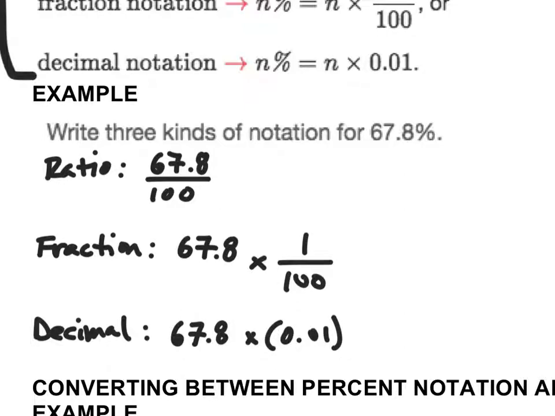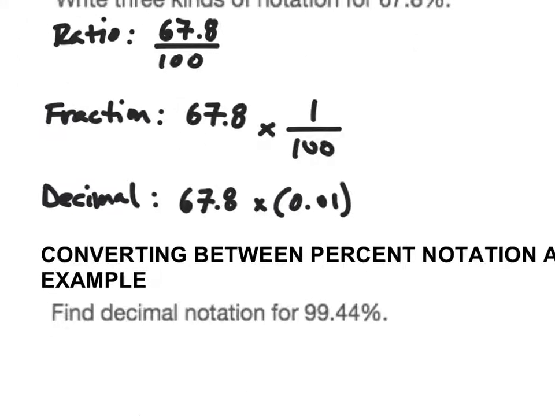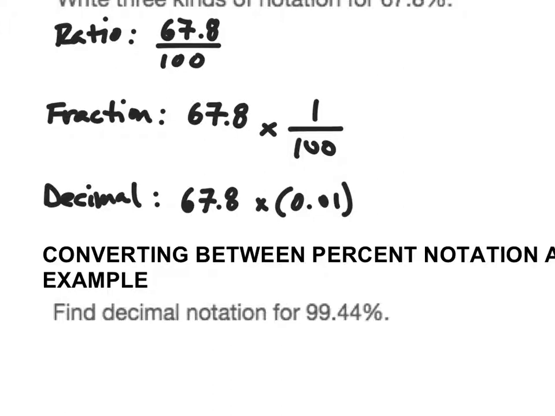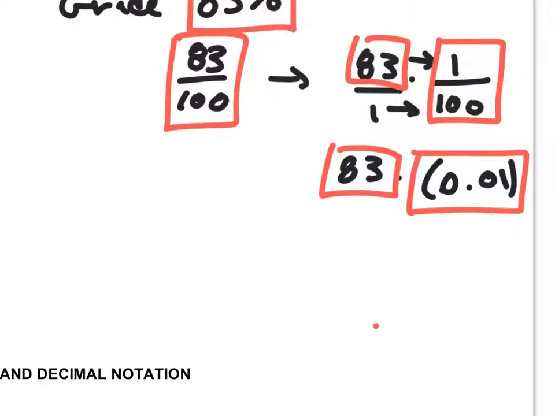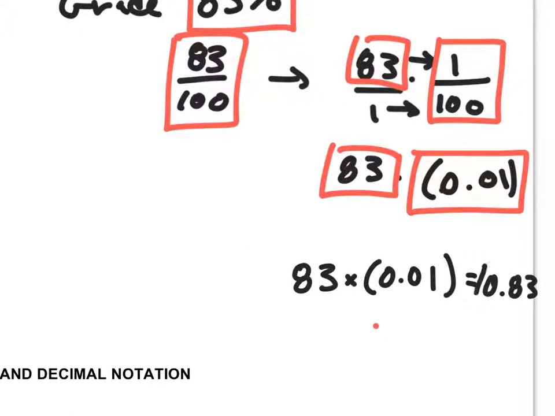Now what I want to do is go back to that grade scenario where we were taking 83 and multiplying that by 0.01. When I multiply those two numbers in the calculator, what I end up getting is 0.83 as a result.